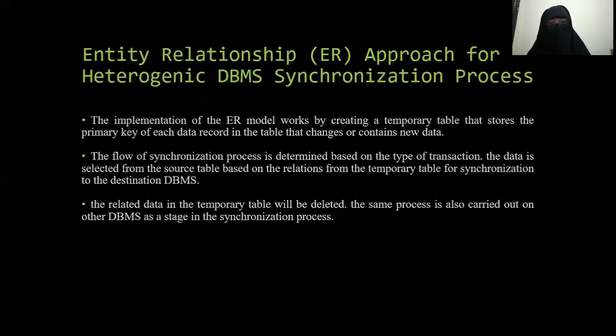It will select data from the source table based on the relation from the temporary table for synchronization to the destination DBMS. After the synchronization process is carried out, the related data in the temporary table will be deleted. And then the same process is also carried out on the other DBMS as a stage in the synchronization process.